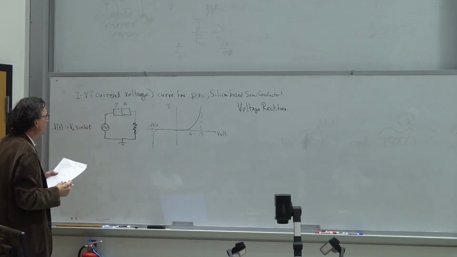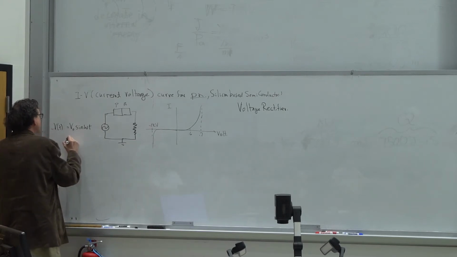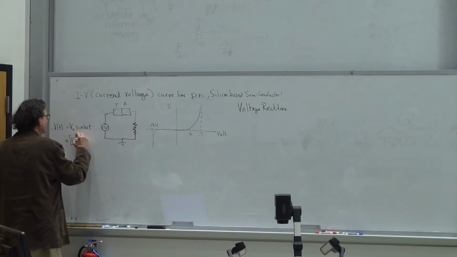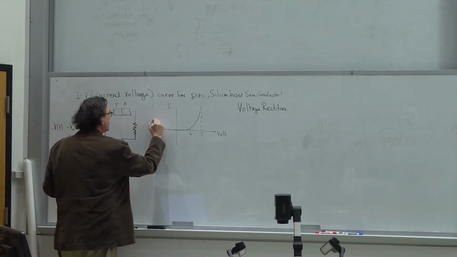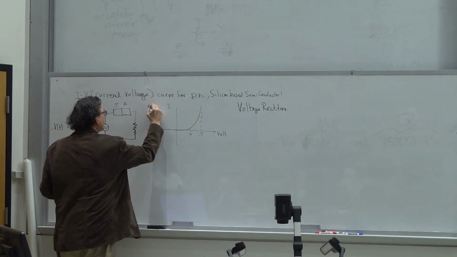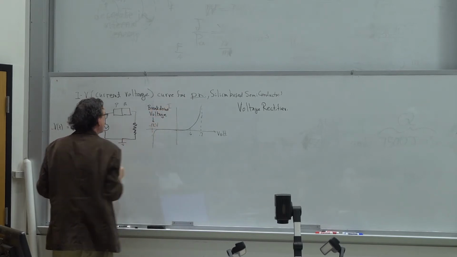Okay. So now I'm going to take a particular example. Let's say that we want V0 to be around 11 volts. The reason I'm taking it this way is because I want to avoid the breakdown voltage on the negative side of the IV curve.